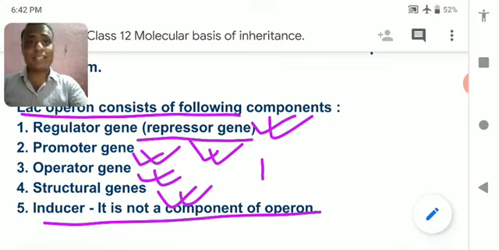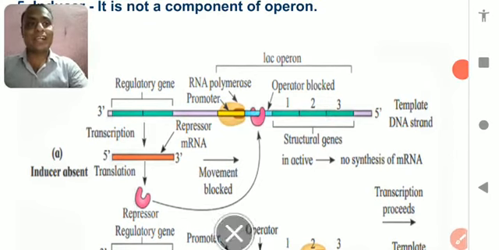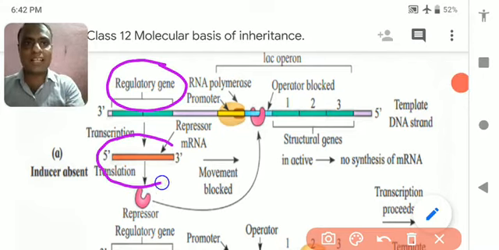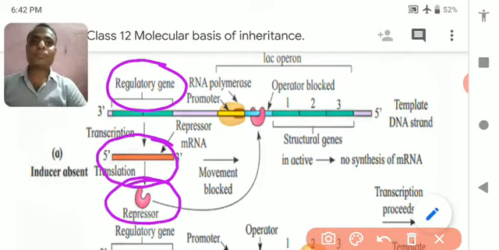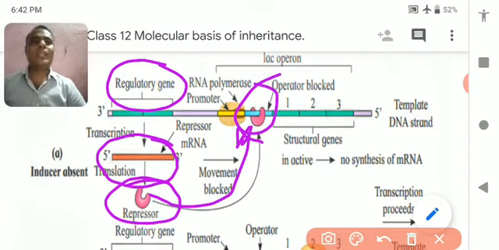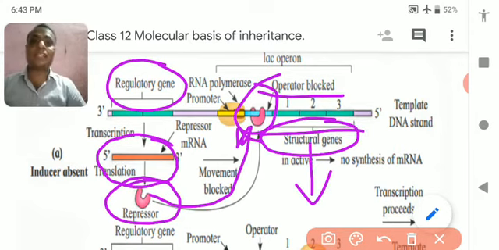Let's study all the things in a very simple way so that you understand. So again, just see over here, regulatory genes. Regulatory genes produce a particular kind of mRNA, and this mRNA helps in the formation of repressor, and this repressor gets attached to the operator and blocks it. And when the operator is blocked, obviously no structural gene can get activated, and the structural gene cannot produce a particular kind of enzyme. Once again, let's study.